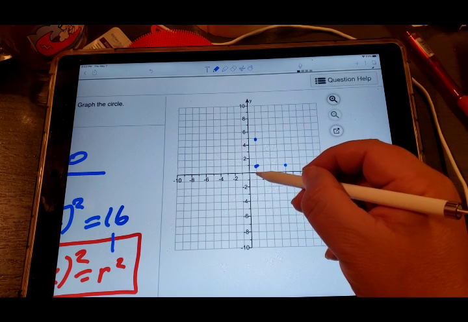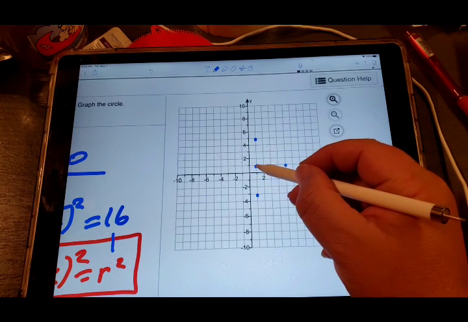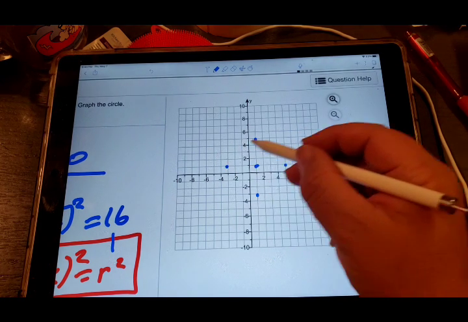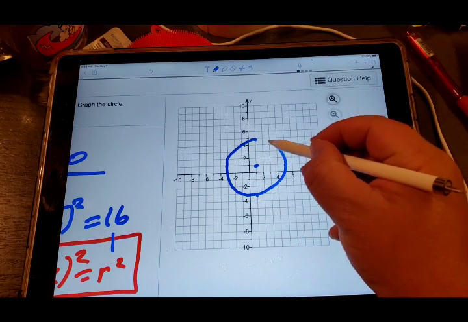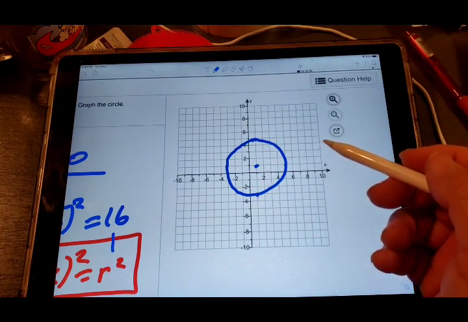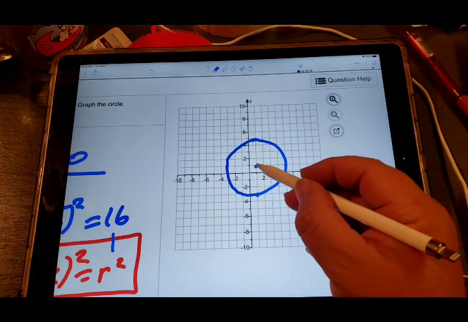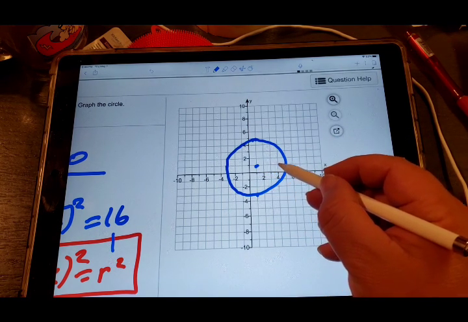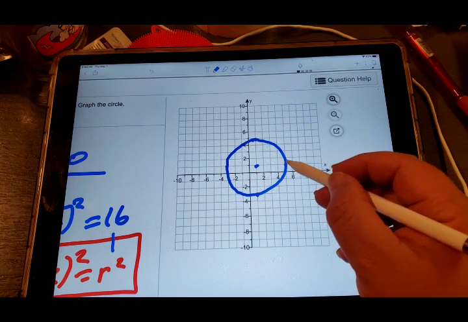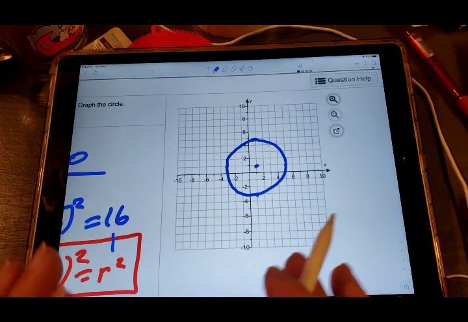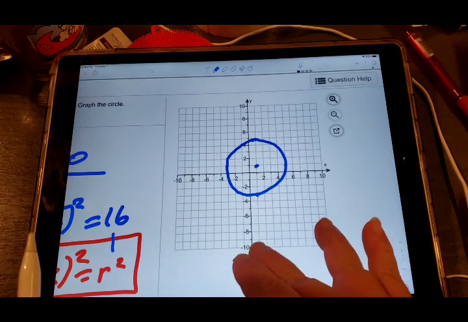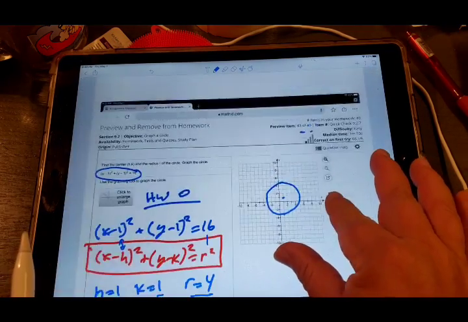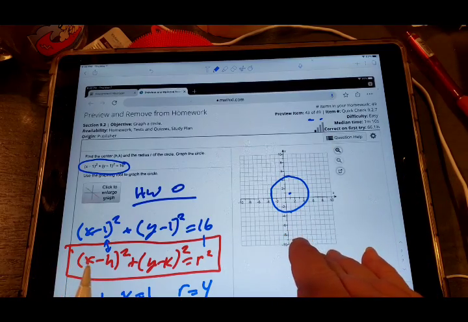That would be enough to graph this on the computer, but since I'm graphing it by hand, I need to go in each direction. But on the computer, you just click on 2 points, the center and the circle. It's not something you haven't done for me before, and that's kind of the point. We've previewed this, and so a question like this shouldn't pose much of a surprise or a lot of work.